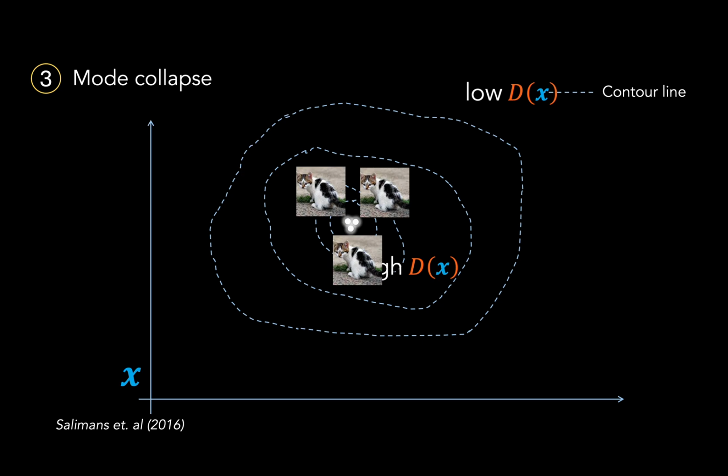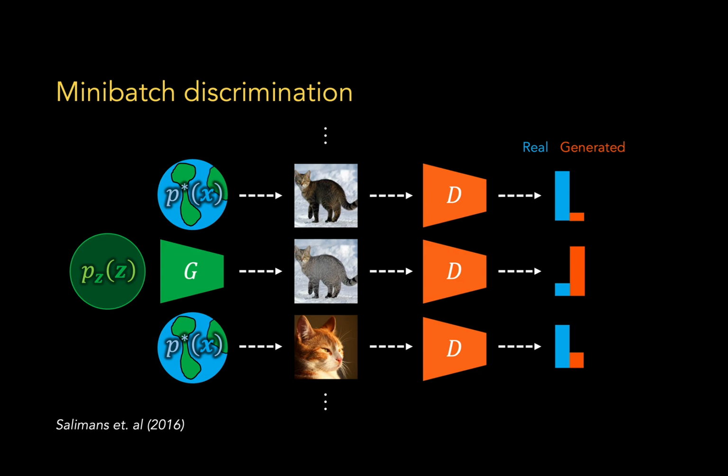Now, mode collapse is a notorious issue in GAN training, but thankfully, over the years, people have created several solutions to address this. One such technique is called mini-batch discrimination, which, without going into the details, basically gives the discriminator information about every sample in a batch as it evaluates each individual sample.